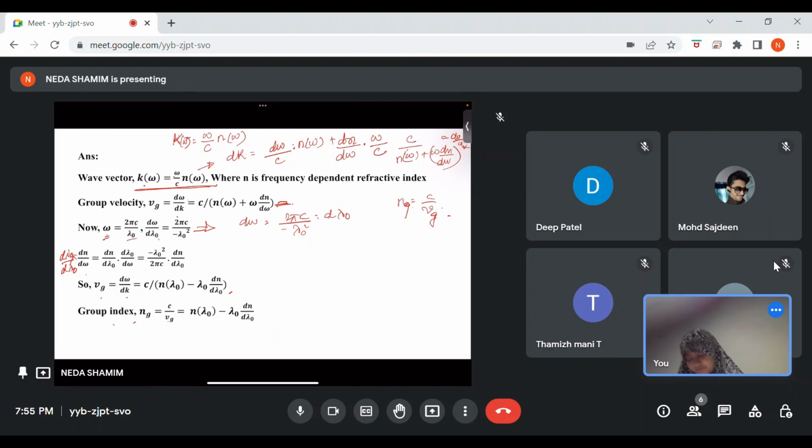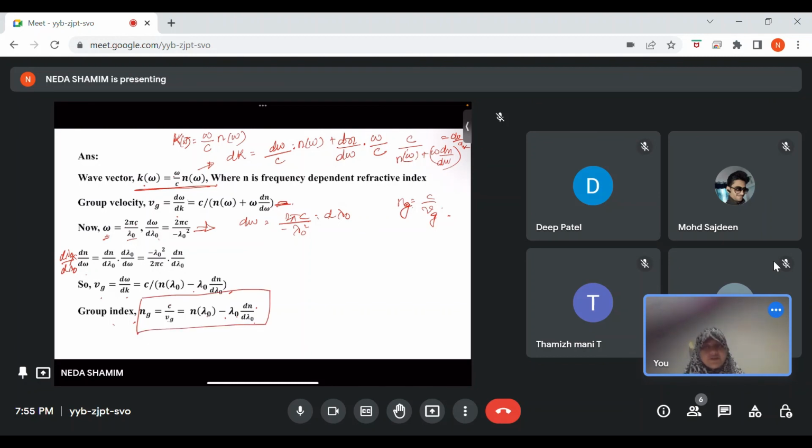What is my Vg? Vg is this, c by lambda 0 minus lambda 0 dn by d lambda 0. Okay, this will be simply equivalent to n of lambda 0 because c and c will get cancelled and this denominator will go to the numerator. So Ng is n of lambda 0 minus lambda 0 dn by d lambda 0. Okay, I hope you followed this.